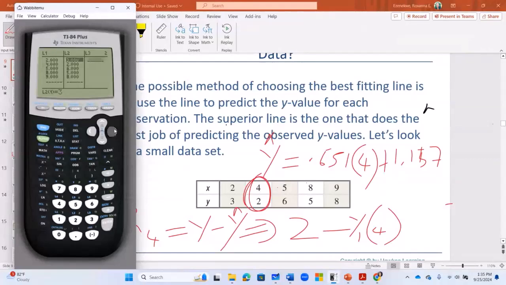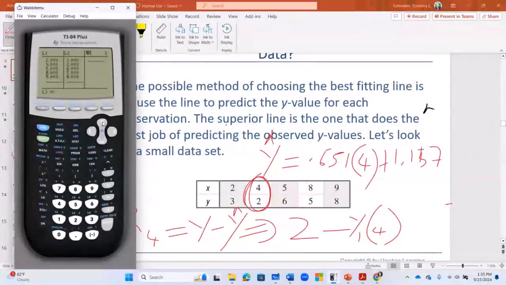I already have L1 and L2, the observed. This is my L3. In L3, I want to tell my calculator to find all the values, substituted in the equation.